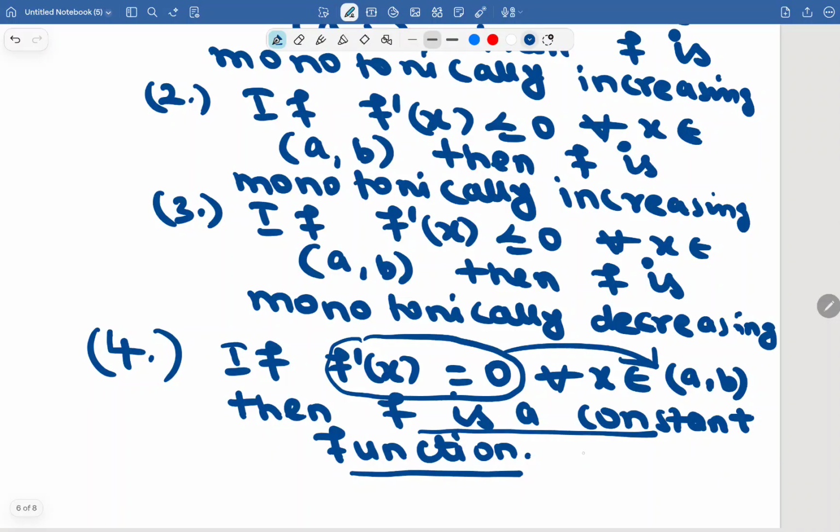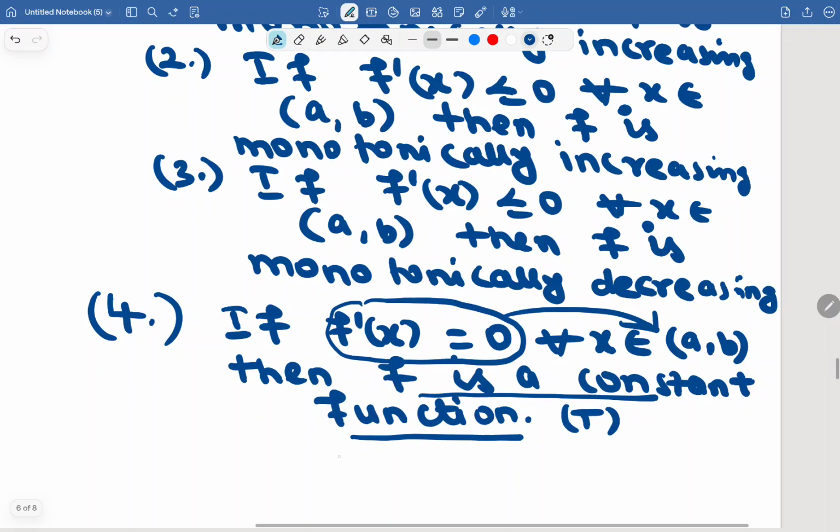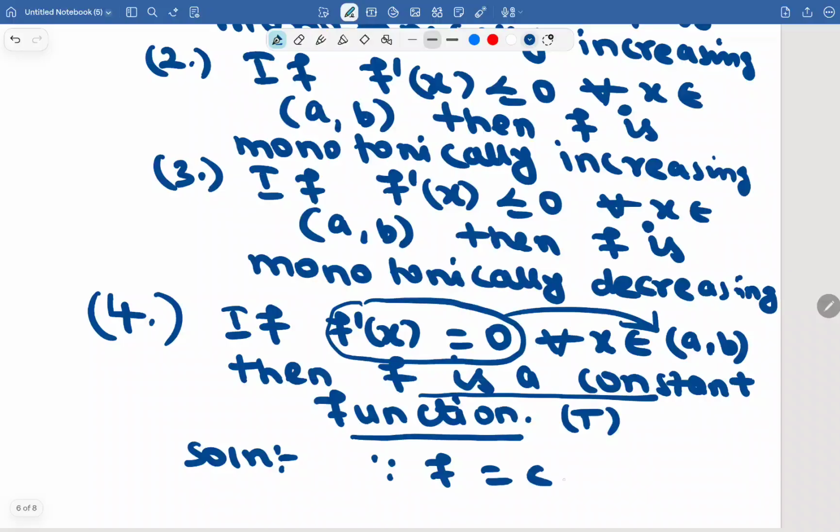This is a true statement because if f equal to c, what is f dash? 0. Therefore last option is true.